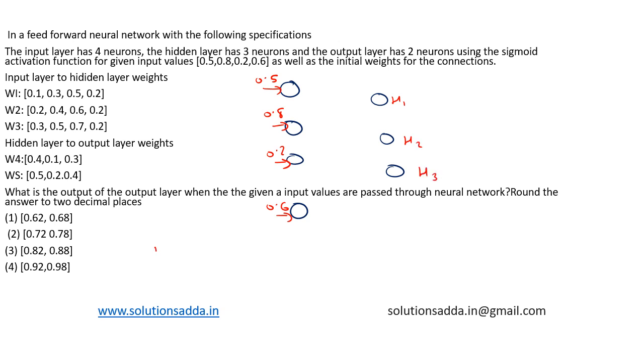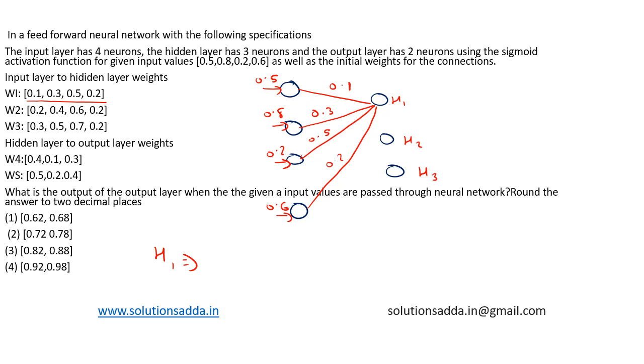So the value of h1 will be calculated as the weighted sum. To this node it will be 0.5, and the weights of the first one are given like this: 0.1, 0.3, 0.5, 0.2. So this will be 0.5 into the weight 0.1, then from this node it will be 0.3, from this node 0.5, and from this node 0.2.